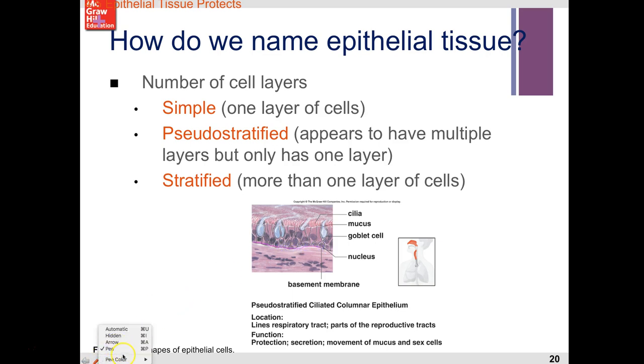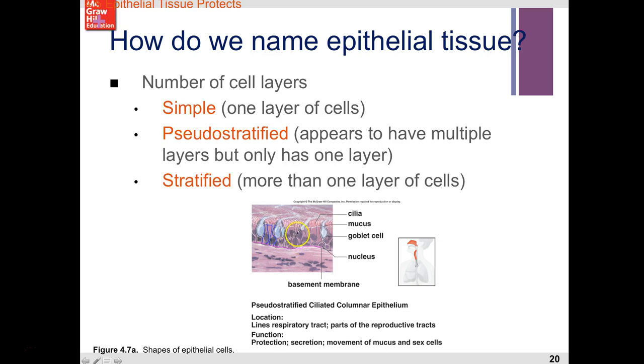But if we look at each one of these cells, they all make contact with the basement membrane. So there's one there. This looks like another one here. And I'll just do one more. So you could see that that whole cell all has contact with that basement membrane.